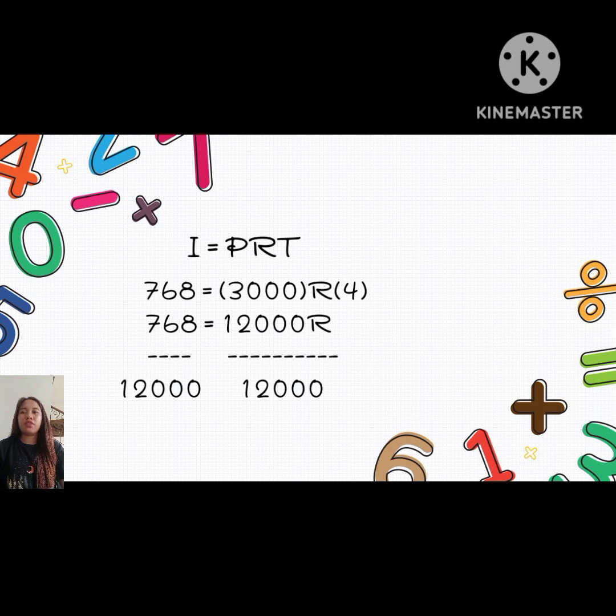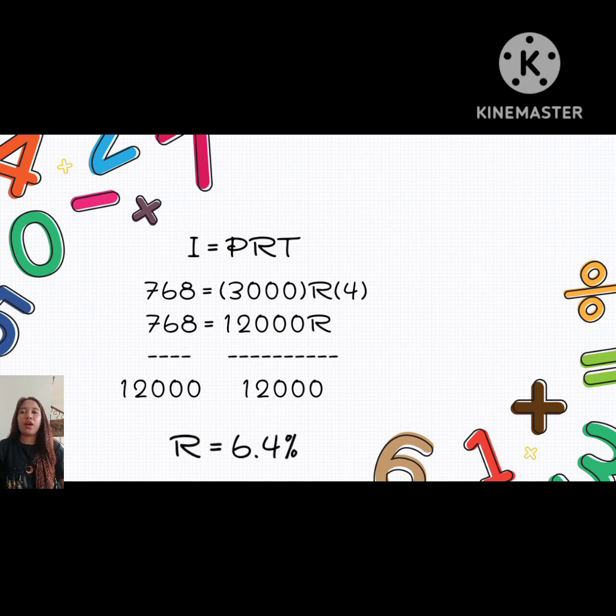That's why we will have 768 is equal to 3,000 times 4, which is 12,000, times the rate. So divide both sides by 12,000 and that's why we'll have 0.064.